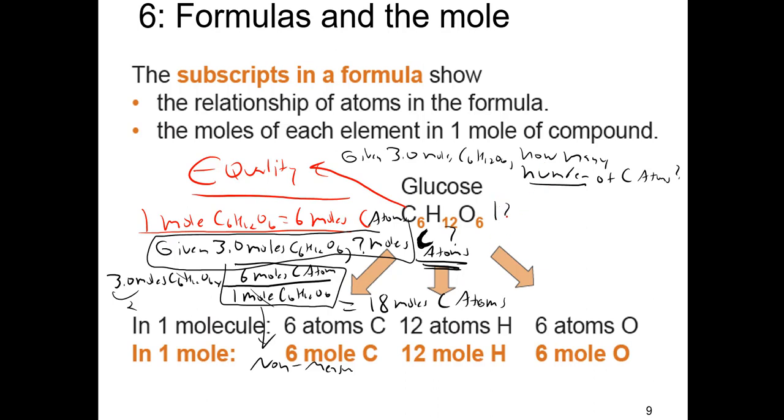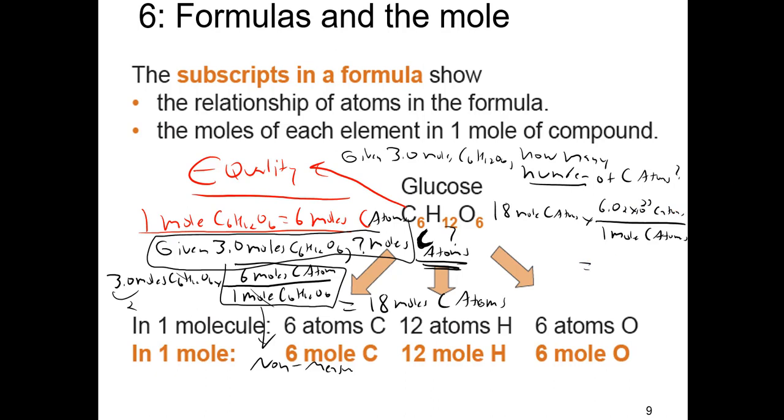So we already know that there is going to be 18 moles of carbon atoms, but now we need the number, so we have to use Avogadro's number. So 1 mole of carbon atoms is going to be equal to 6.02 times 10 to the 23rd carbon atoms.